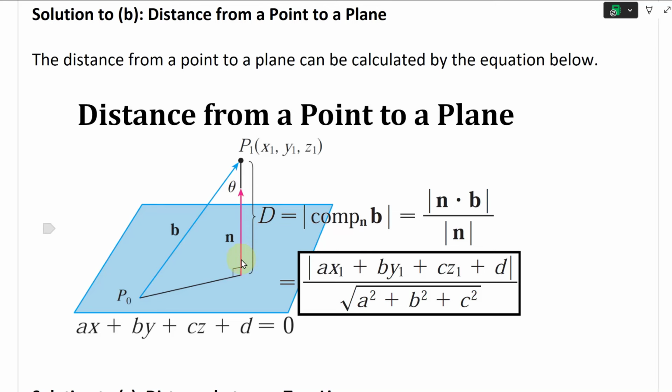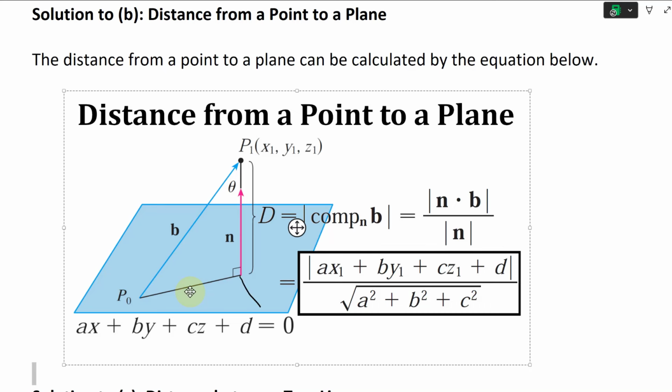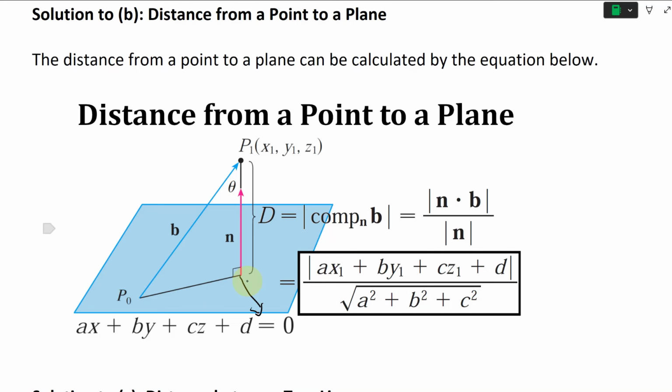But you can solve it from any 2 vectors along this plane, and then take the cross product. And then D is the component of B projected onto n, which is going to be n dot B divided by the length of this n vector. So that's the formula for the distance from a point to a plane.